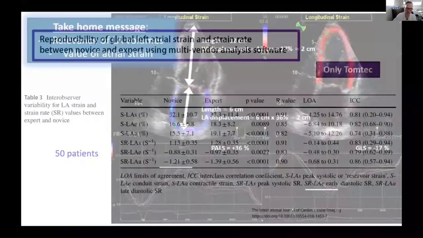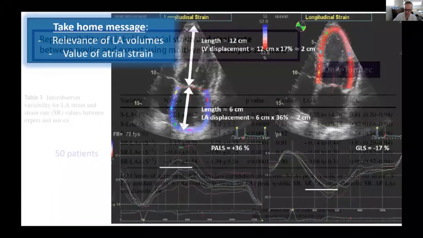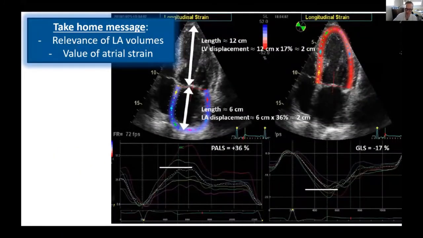So my conclusions are that we have to report the measurement of LA volume. That's mandatory, that's in the guidelines, and that's very important to predict the risk of events. But in addition to this precise measurement of LA volume, in a few seconds, you can add the assessment of LA strain.